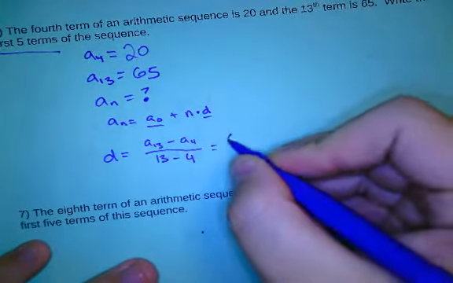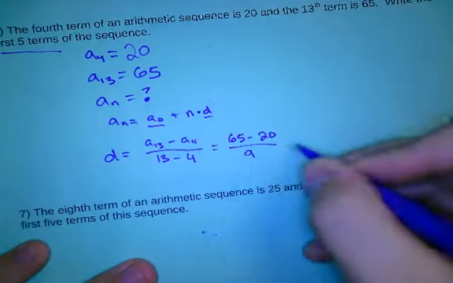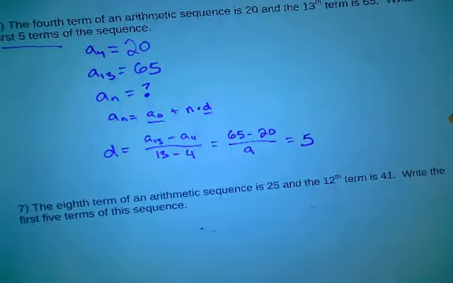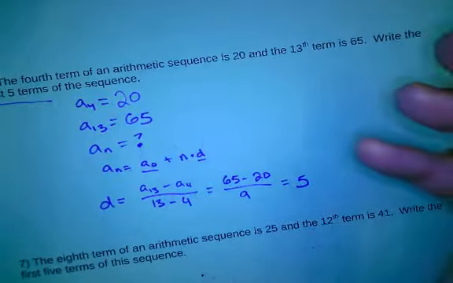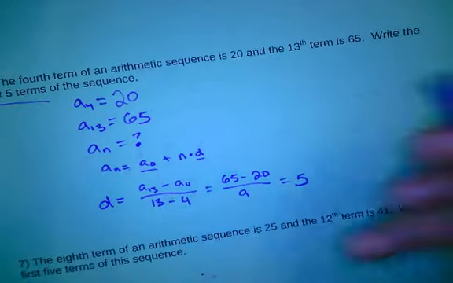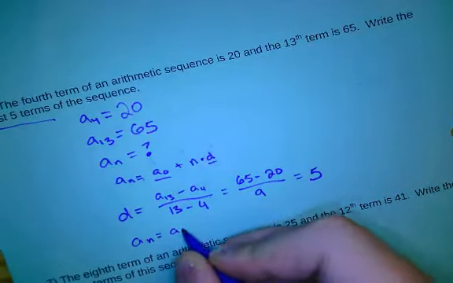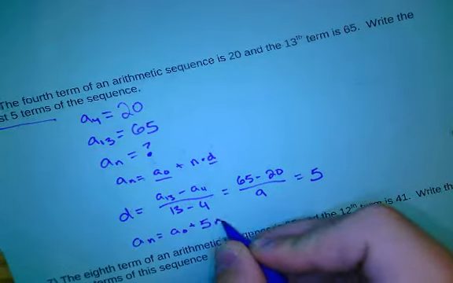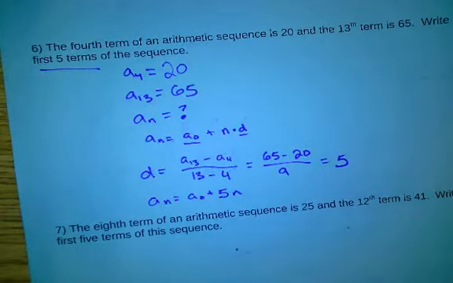So a sub 13 is 65 minus 20 all over 9, and we get 5. So now how do I find a sub 0? Well, I have this information so far. Does it matter which one I plug in? Does not matter.